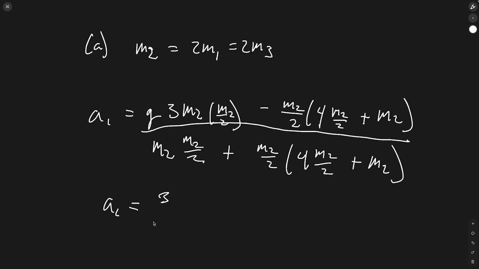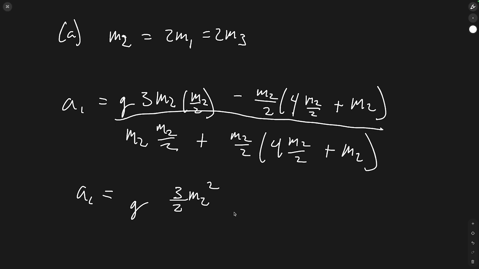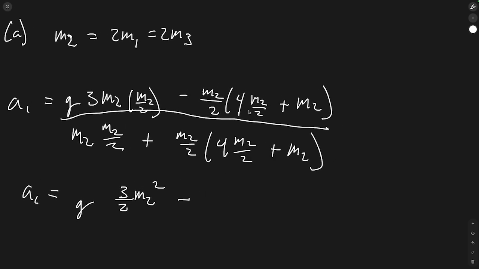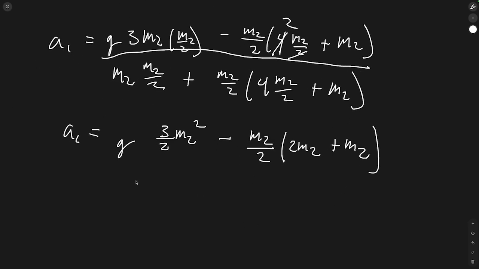I'll keep the g, and then 3 halves m2 squared minus, this becomes 2. Just to keep things organized, minus m2 over 2, times 2 m2 plus m2.